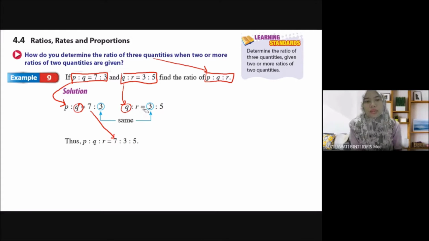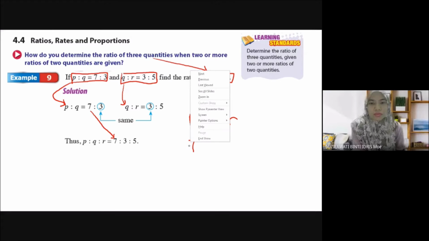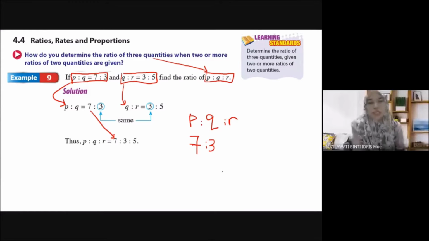Or we can also write P to Q to R. We write back under this ratio. This is what we are going to find, P to Q to R. So we write P is 7, the ratio of P to Q, Q is 3. This is the combination, 7 to 3.